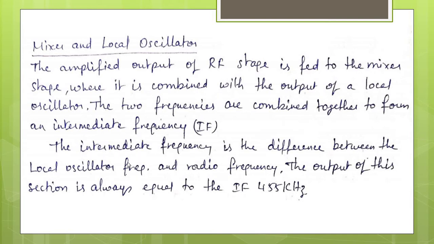This intermediate frequency is the difference between the local oscillator frequency and the incoming signal from the RF block. The output of this is always equal to the IF frequency, which is 455 kilohertz. This is a standard intermediate frequency of 455 kilohertz.